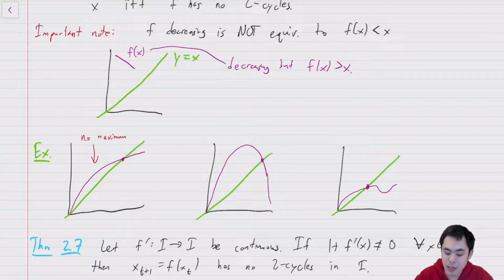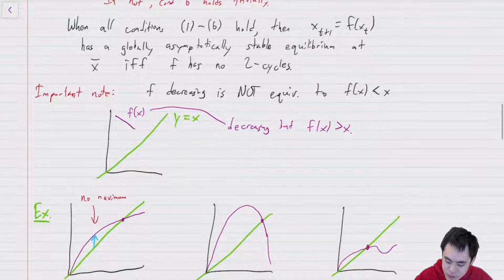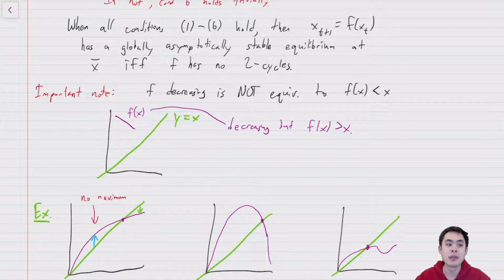Well, that means it's above the y equals x line. And afterwards, it's below the y equals x line, and so f of x is less than x. So let me actually put that in color. So this is f of x greater than x, and this here is, oh, I think I reused green, but this is less than x.